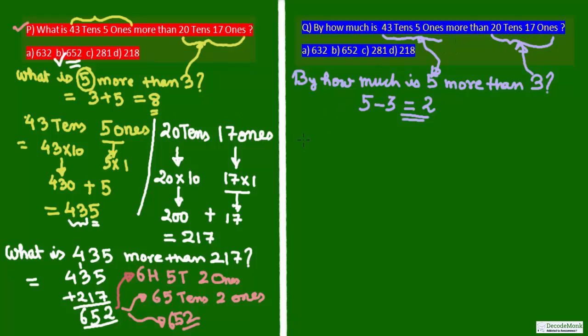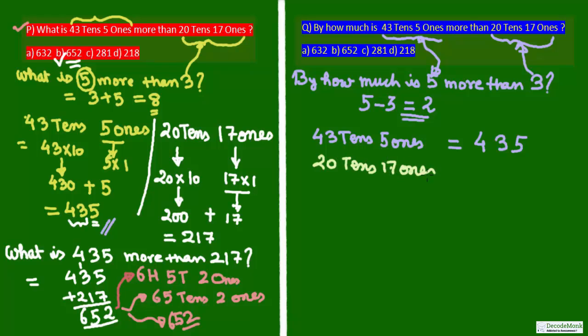So already we have converted these two numbers into their numeric values. So 43 tens 5 ones is equal to 435, as already done over here in question number P, and 20 tens 17 ones is equal to 217, as already done over here.